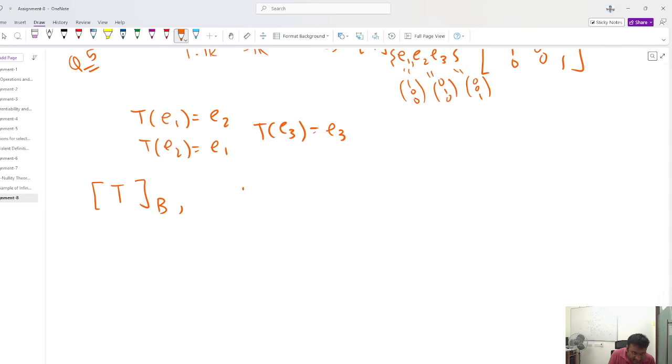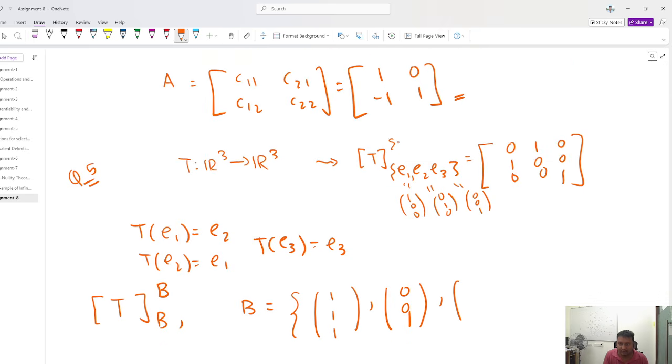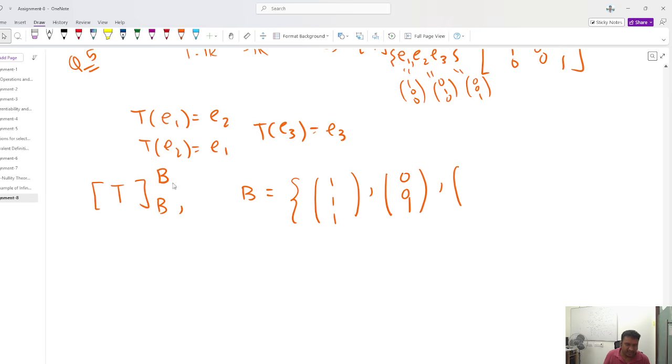So that weird basis is (1, 1, 1), (0, 0, 1), (1, -1, 0), and with respect to this basis to this basis only. So this is also from E1, E2, E3 to E1, E2, E3. You can avoid that upper B if you want.